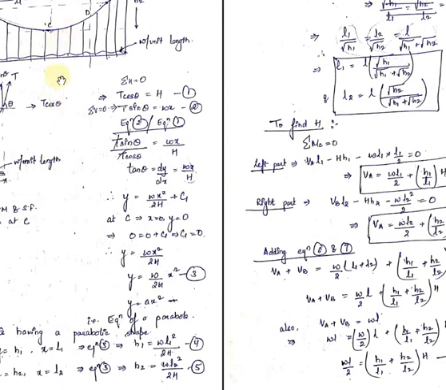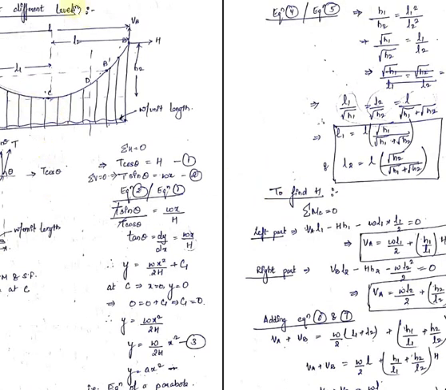So first of all, let's come to this diagram. Now in this diagram, we will apply summation of the moment at C point equal to 0. We are putting the moment at C point equal to 0 because we know that the cable is flexible and the bending moment at any section in a cable is 0. So therefore we can take the moment at C point equal to 0.